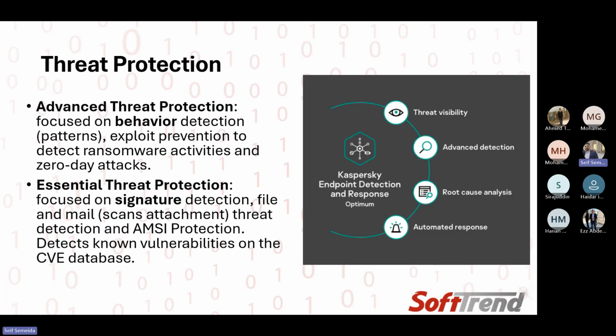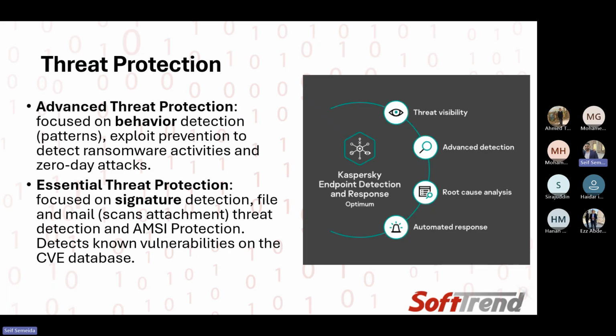As for threat protection, we have two main types: the advanced and the essential. The advanced threat protection is basically focused on behavior detection. It studies your pattern of usage on the device, what this device usually uses or accesses, or how many resources it uses up while running, and it keeps it as a reference.